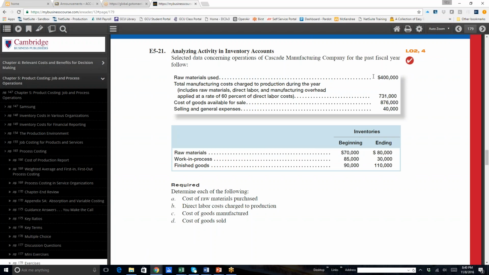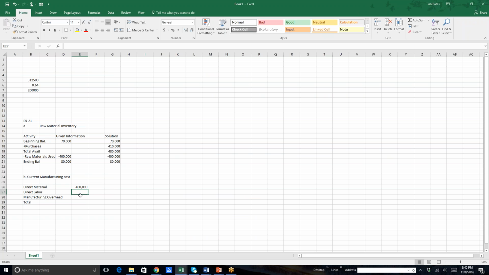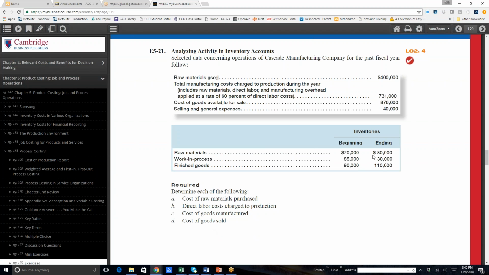So direct materials are raw materials used. Okay. So that's where you got that 400,000, right? Then we know that manufacturing overhead is 60% of direct labor costs. Okay.